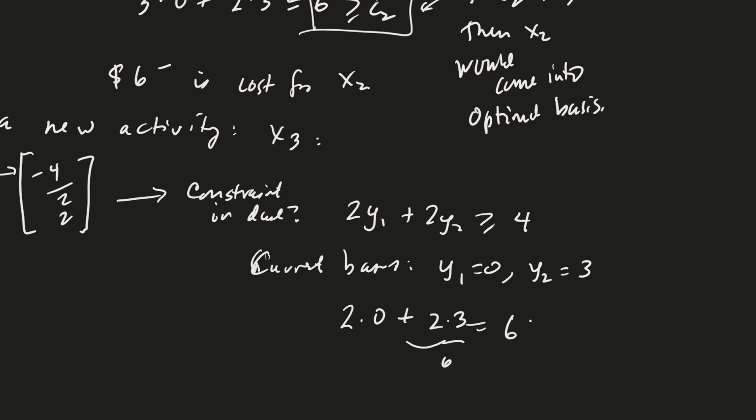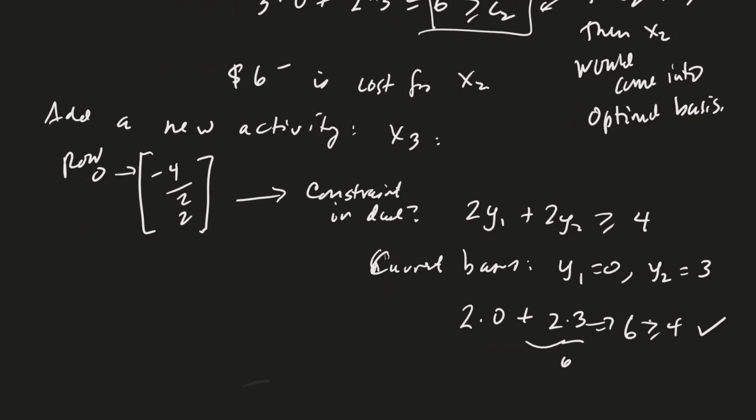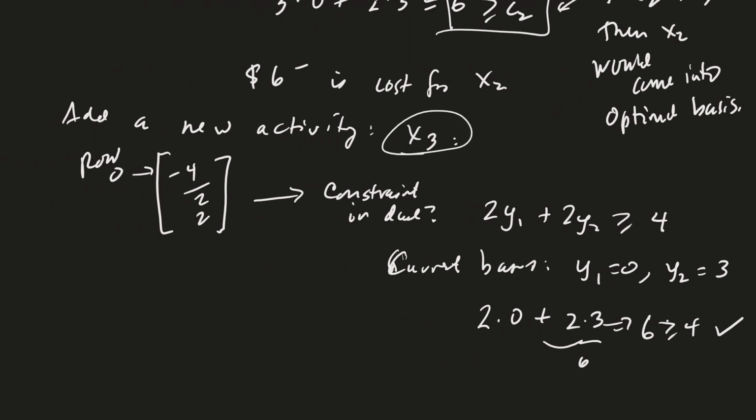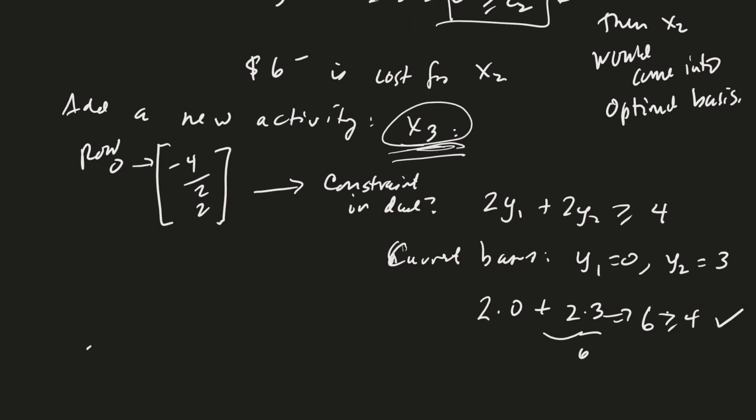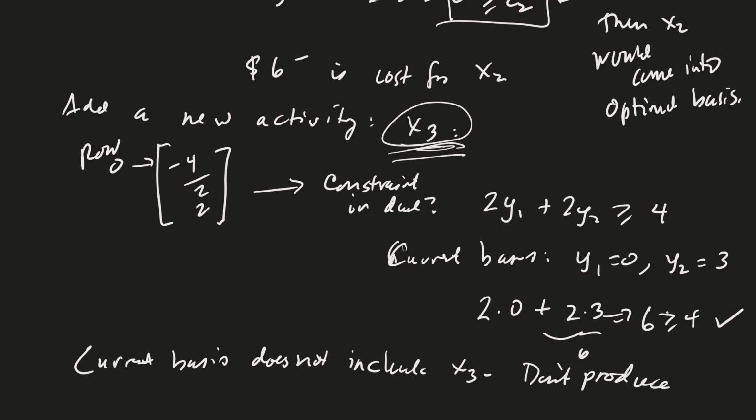So 6 is greater than or equal to 4. So yes, the current basis is still satisfied. And so what does that mean? Let's talk about that in terms of this new activity. Should I perform this new activity, or should I produce anything in x3? No, because the current basis is satisfied. The current basis does not include x3, so don't produce it. Good.